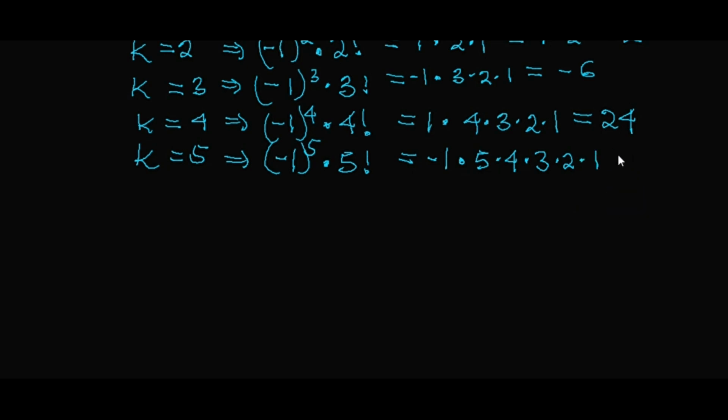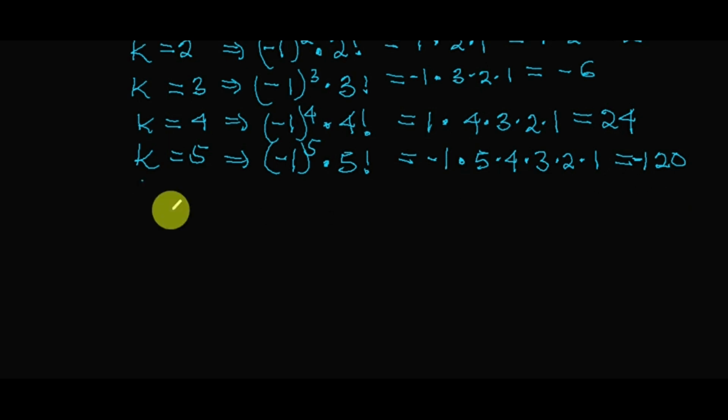So minus 1 times 5 will give us minus 5, times 4 is minus 20, times 3 is minus 60, times 2 is minus 120. So this will give us minus 120.